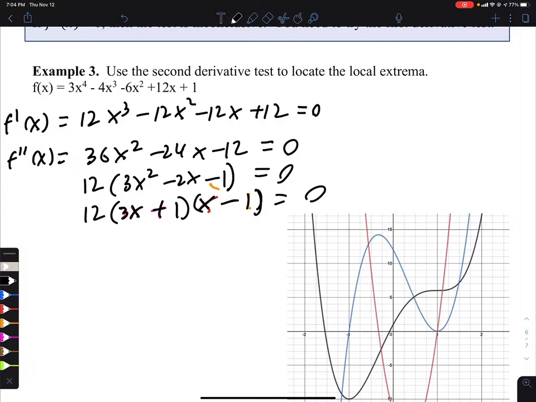Sorry, but we're going to have to factor out a 12: x cubed minus x squared minus x plus 1. Now, they won't make you do this on the AP test, so that's the good news. But where does this equal 0? Actually, I'm cheating.